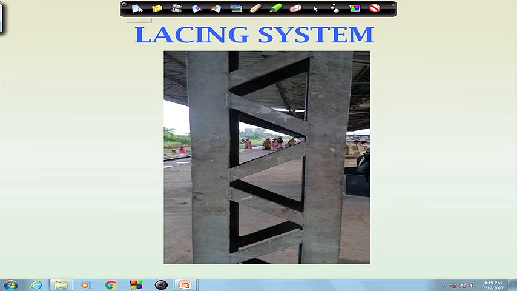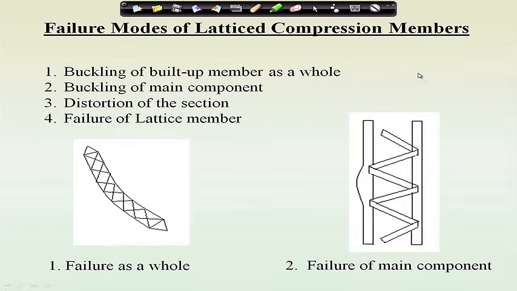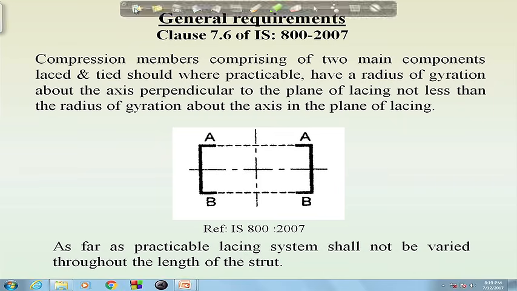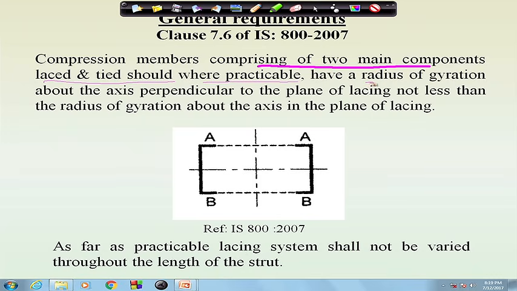So, now coming to the general requirements which have been given in the code. This is given in clause 7.6 of IS 800:2007. Here it says that the compression member comprising 2 main components, laced and tied, should where practicable have a radius of gyration about the axis perpendicular to the plane of lacing not less than the radius of gyration about the axis in the plane of lacing.